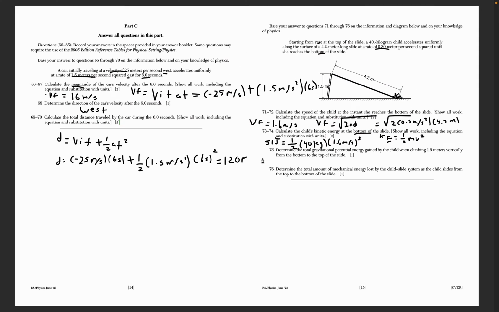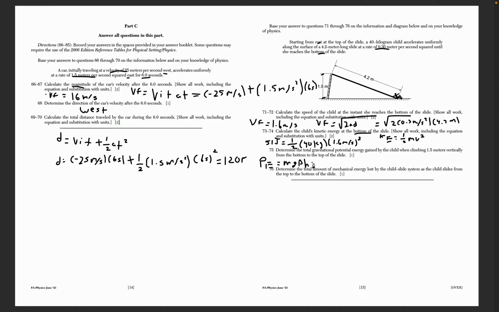So we could say PE equals mg delta h. Delta just means the change in height, so we're going from 0 to 1.5 meters.